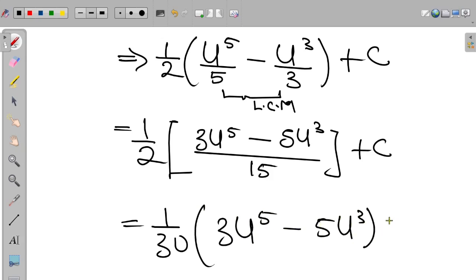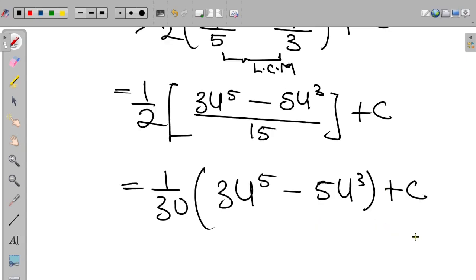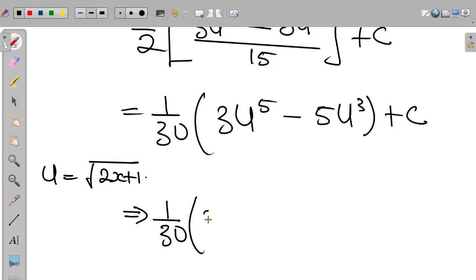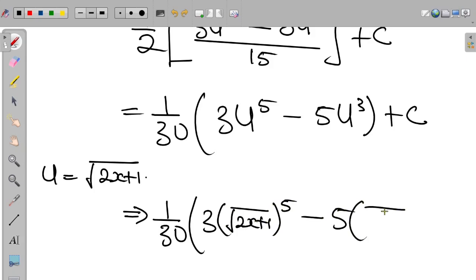plus c. Now we can substitute the value of u. Recall that u is equal to root of 2x plus 1. So this becomes 1 divided by 30, open bracket 3 times (2x plus 1) to the power of 5, minus 5 times root of 2x plus 1 all to the power of 3, close the bracket, plus c.